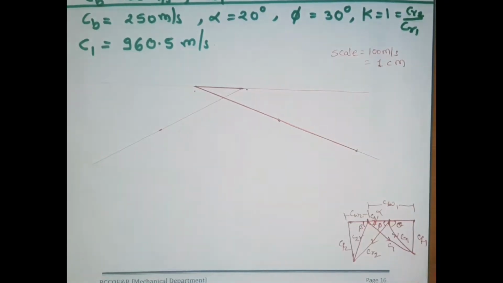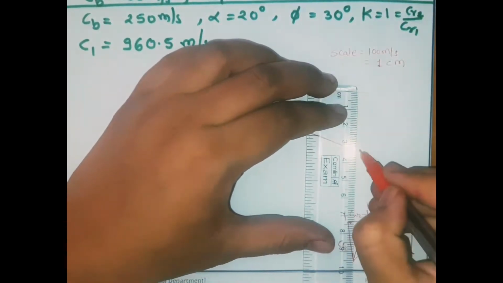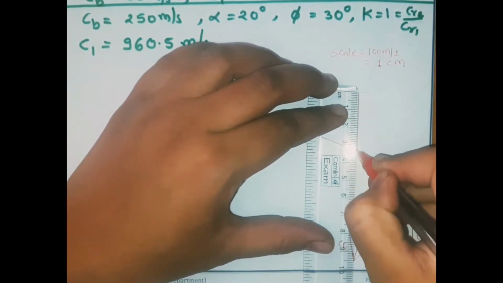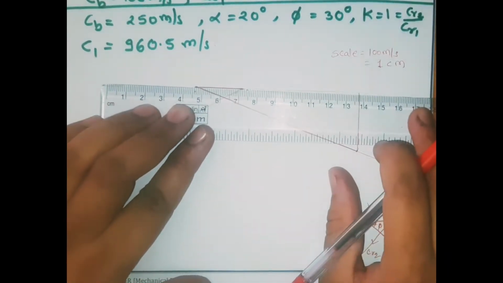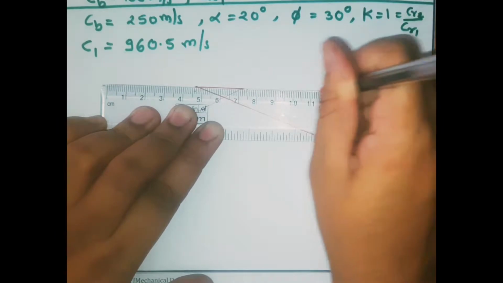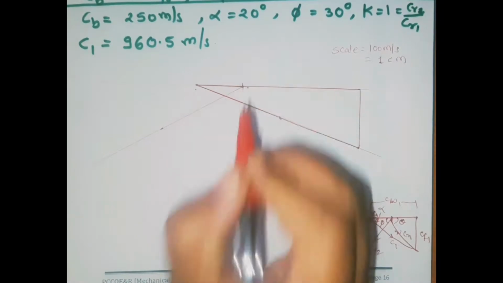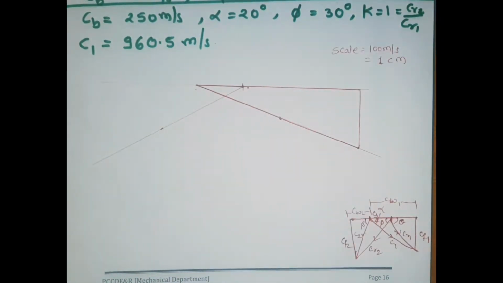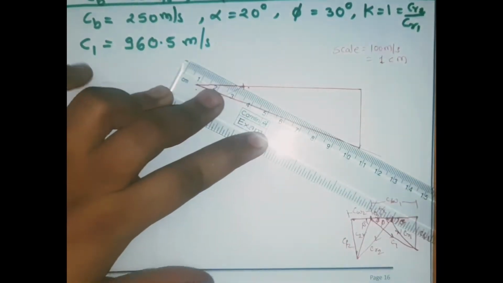Now from C1, if we draw a perpendicular, you will get the CF1. So simply draw a perpendicular line from this point to the extended CB. Let's extend it further so that we will get the complete CW1. Now you can see this other end of the CB is joined to here to get the CR1. So join it so that we will get CR1.